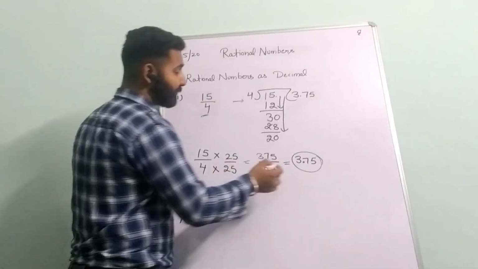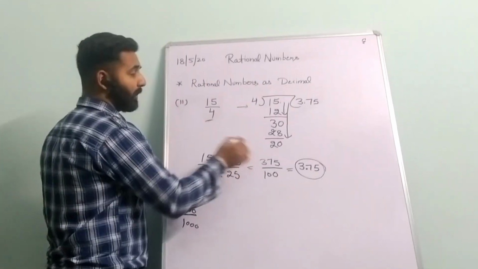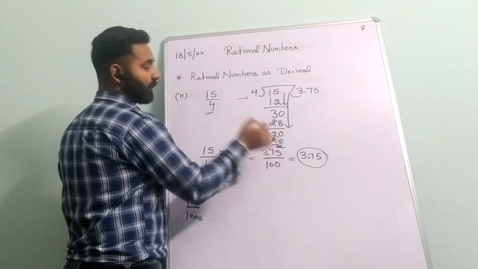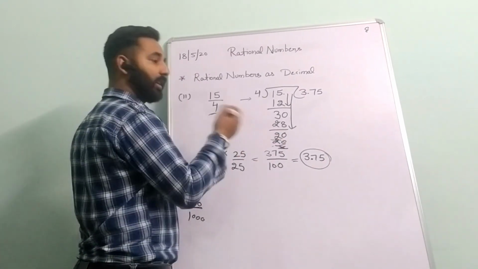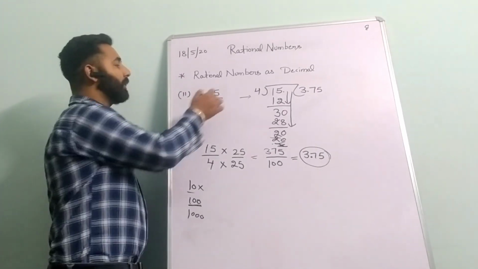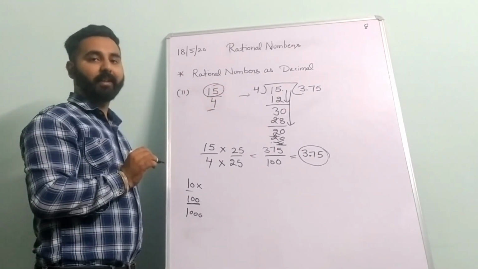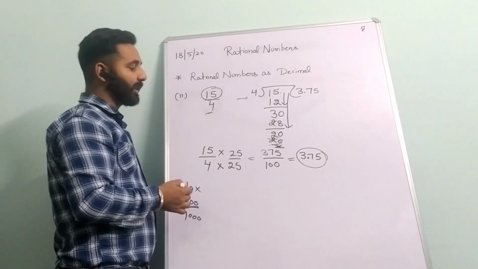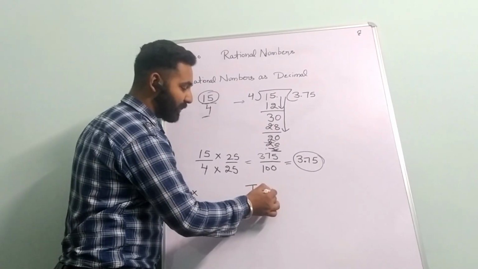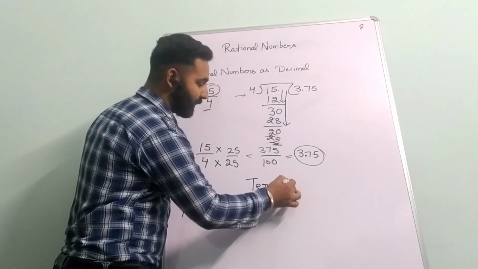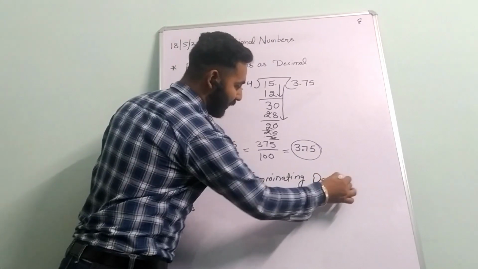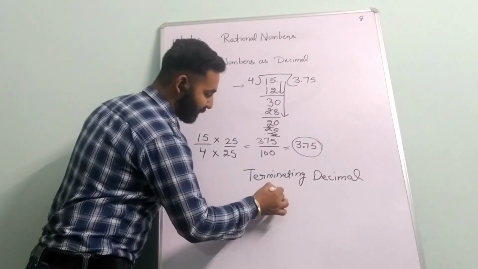Now see, we are getting a complete result after the division. Here also it is completely divisible. In the last example also it was completely divisible. When the numerator is completely divisible after taking the decimal, this kind of decimal expansion is known as terminating decimal expansion.